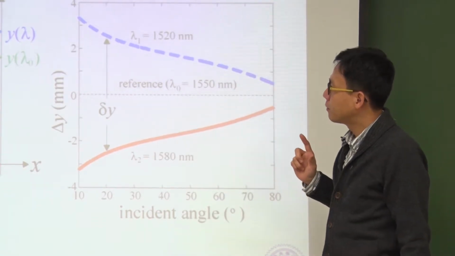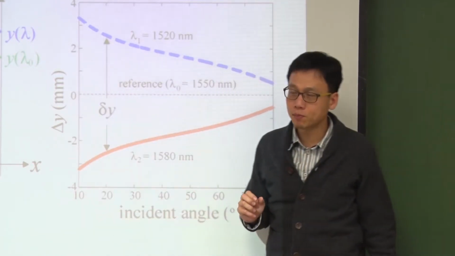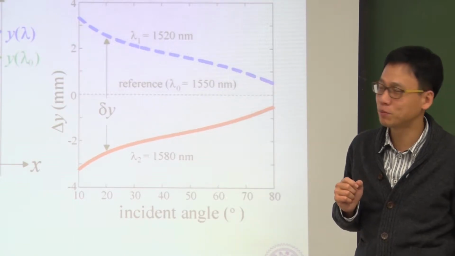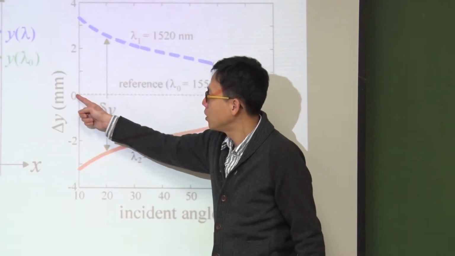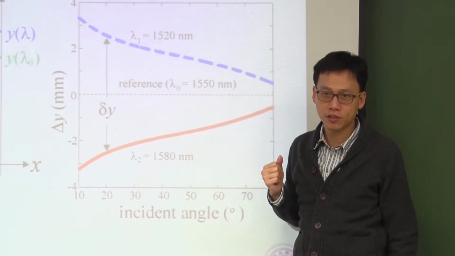Okay? But I have to emphasize the vertical axis means the relative vertical position, not absolute vertical position, because 0 means the position of the reference ray, 1550 nanometers.